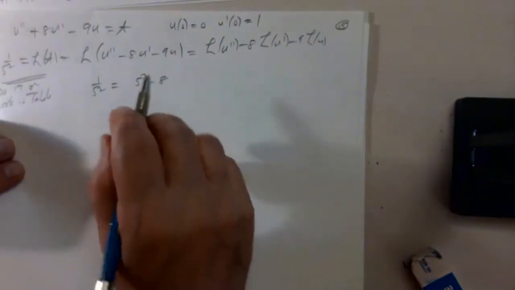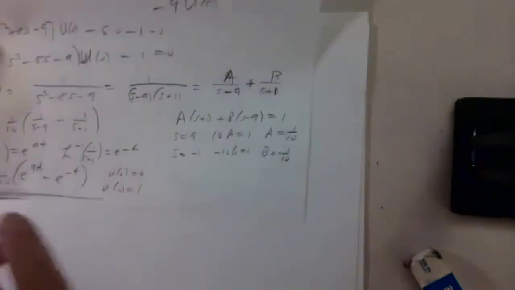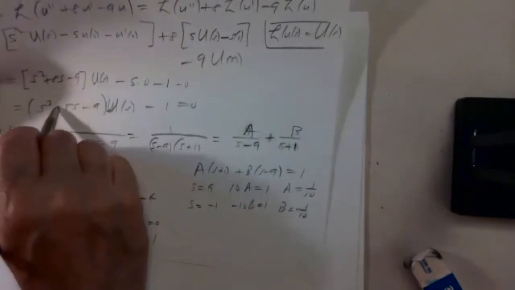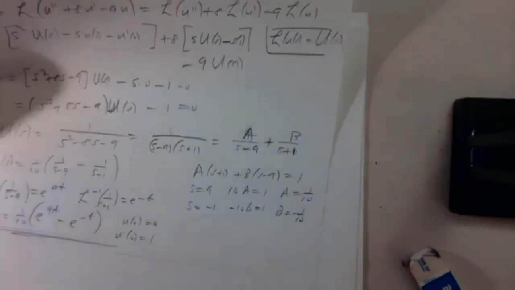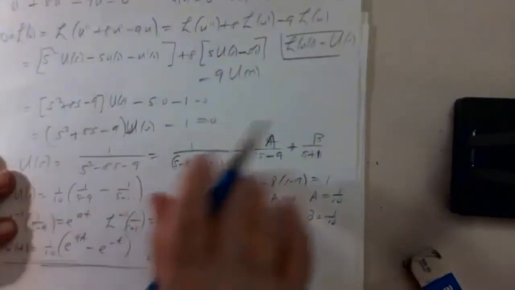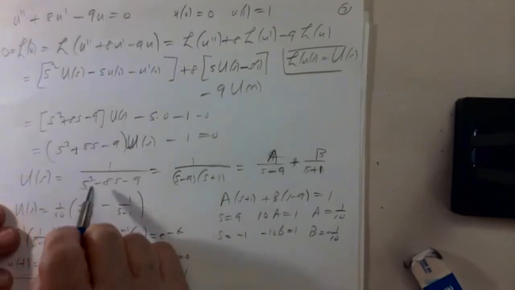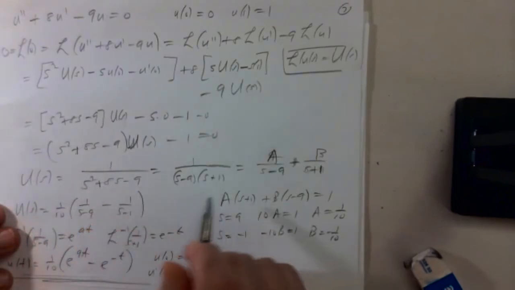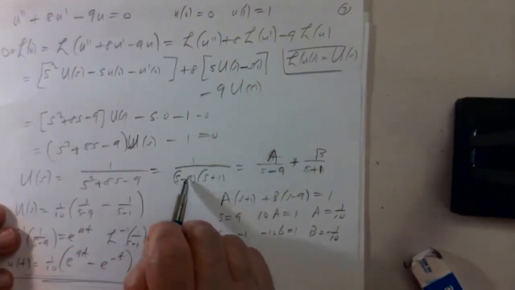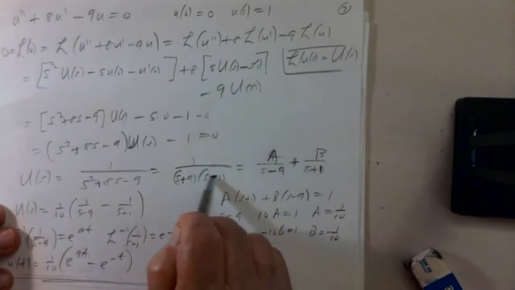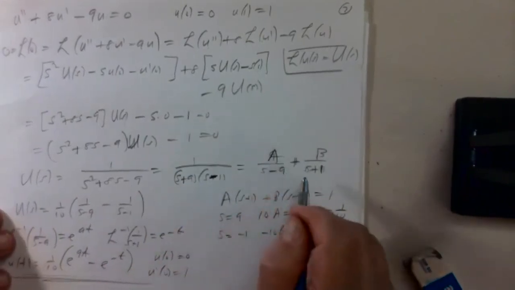S squared. Oops, there should have been a plus there. Oh, I just copied this down wrong on the previous page. So let me just go through and make this work properly. So this should be a plus and a minus. So then this factors into s plus 9, s minus 1. See, I should have checked because I would have caught this.